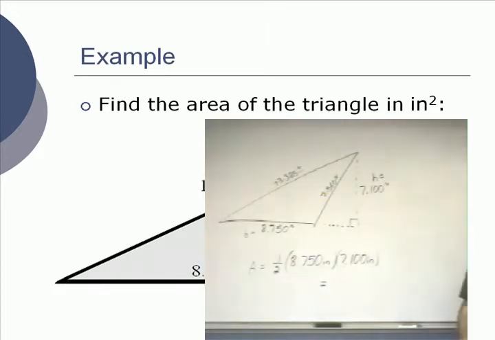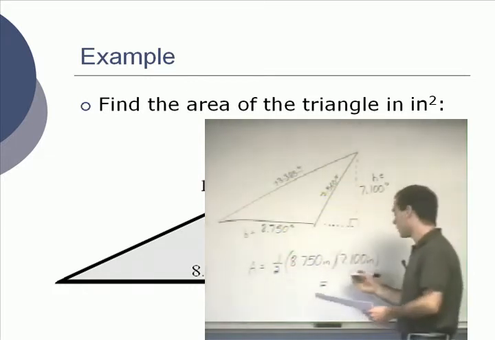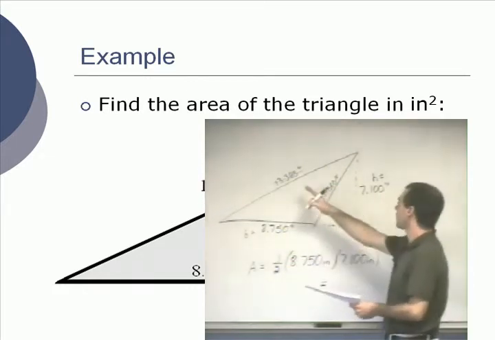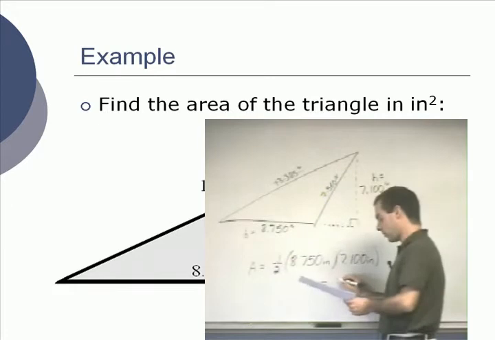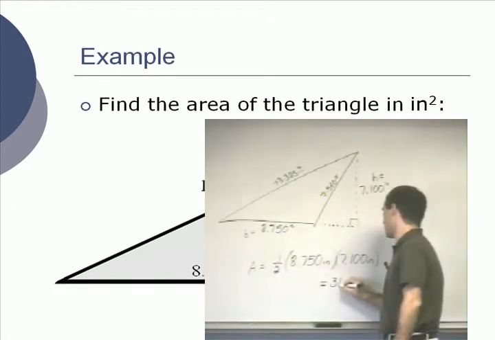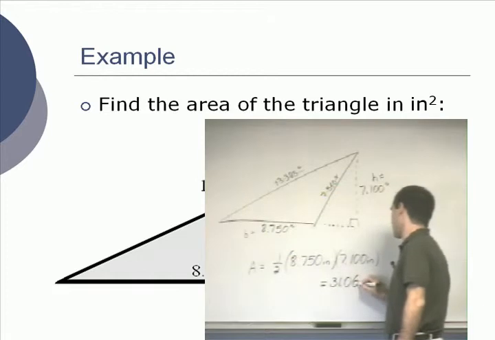And that gives us an area of 31.06. We can keep 4 sig digs, so that's what we'll do. We have 5, 4, and 4, and on our dimensions we'll keep 4 sig digs. 31.06. And those are square inches.